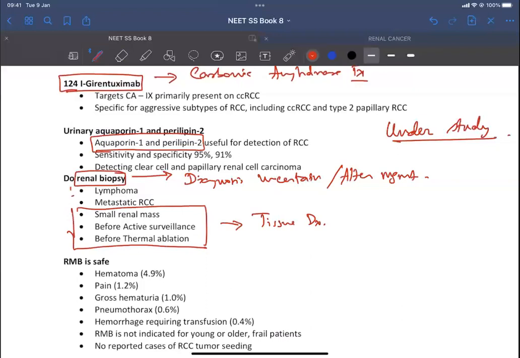In metastatic RCC, you do this to plan optimal treatment, because some immunotherapies are not suitable for certain types of tumors. If you suspect a lymphoma or metastasis, again, you do it essentially to get a diagnosis, and treatment will depend on what type of lymphoma or where the metastasis is from.